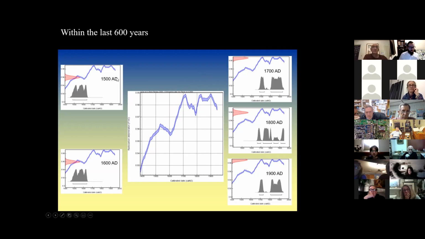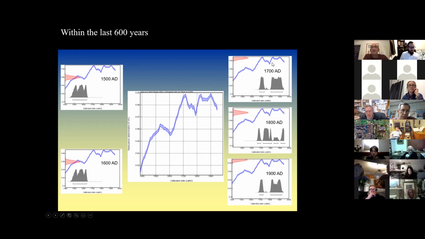if something was really from 1500 AD and you did a radiocarbon measurement on it, the answer you get back would be 1450 to 1650. And if something was really from 1600 AD, you get pretty much exactly the same result again. So that's clustering around this part of the calibration curve.